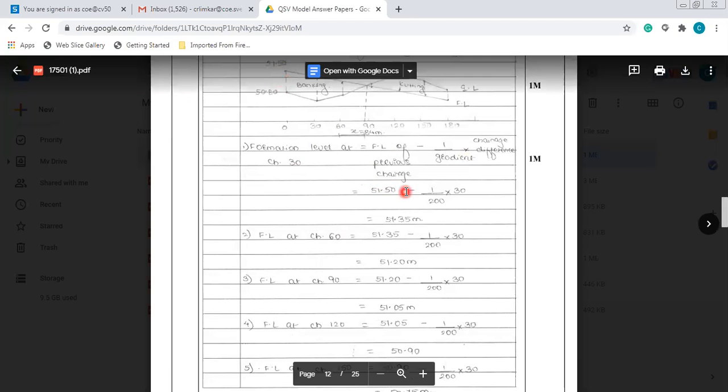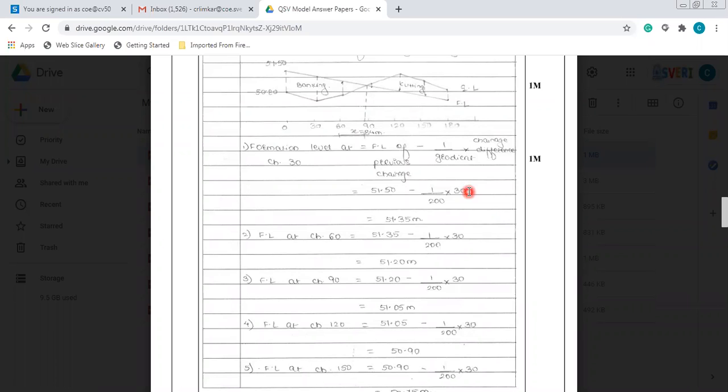So formation level at the 30 meter chainage equals formation level of the previous chainage minus 1 by gradient into difference of the chainage. So FL of the previous chainage, that is the starting chainage, is given as 51.50, minus the gradient, which is 1 in 200, that is 1 by 200, and the difference of chainage is 30. Because if you observe the readings, that is 0, 30, 60, 90, 120, 150 and 180, the difference of chainage is 30 in that case.